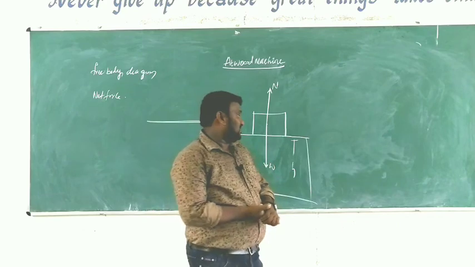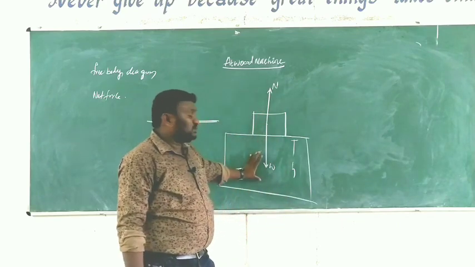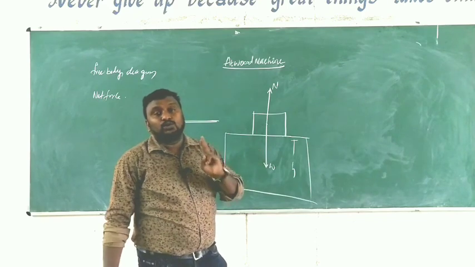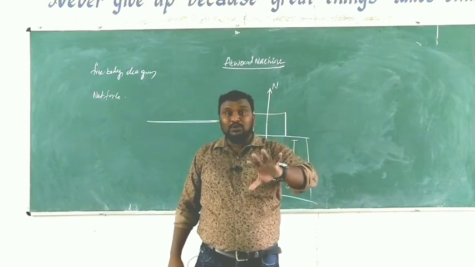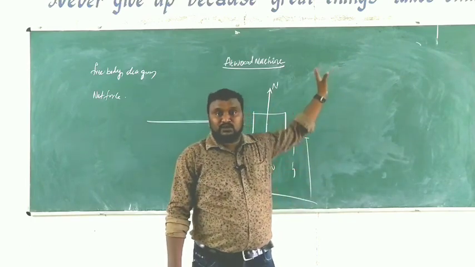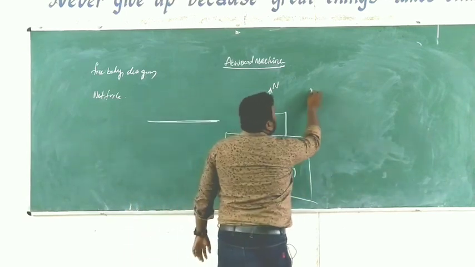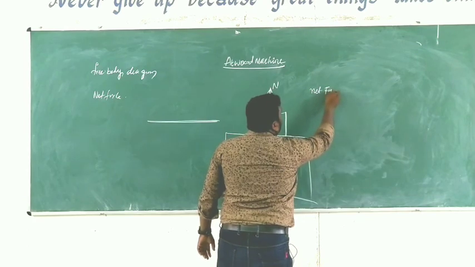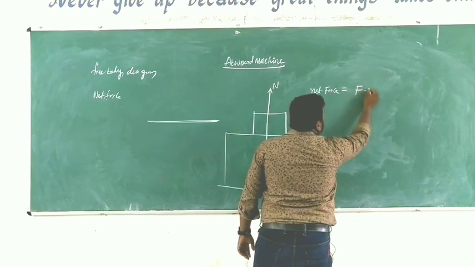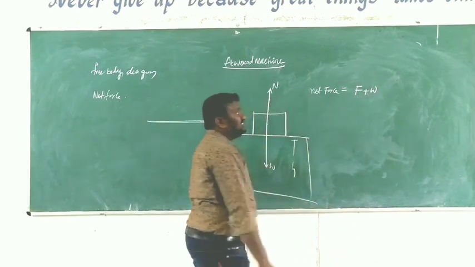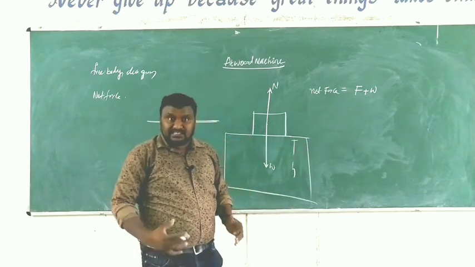So in this case, children, two forces are there. One is normal force and one is weight. Even though two forces are acting on the body, there is no movement for the body. Why? Because the upward force is equal to the downward force. Here I am showing that the net force is equal to, I am writing here, N plus W. In this case, N means normal force.